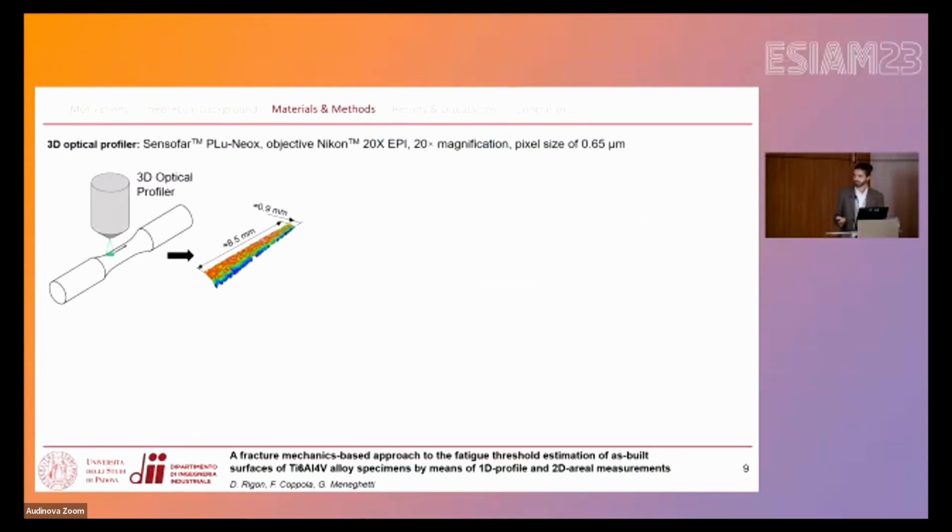About the surface measurements, we performed several areal measurements by using an optical profiler.